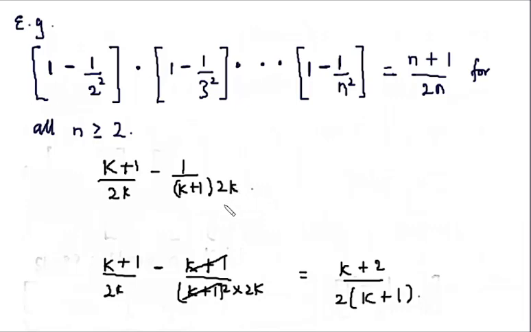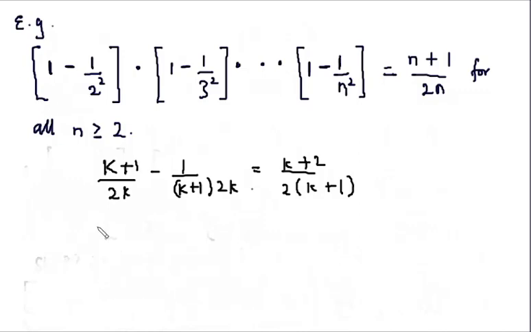Okay, so from here on, this is equal to (k+2)/(2(k+1)). So we can simplify this further. We know that the LCM here is 2k. Let's clean up the extra space on the bottom. So you can simplify this further by saying we know that the LCM is 2k(k+1).